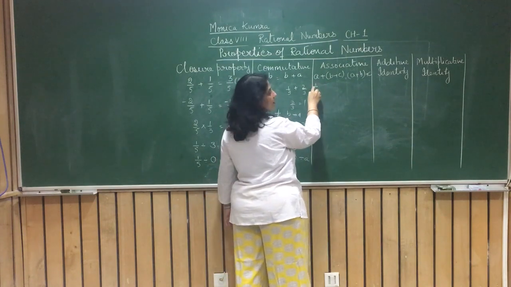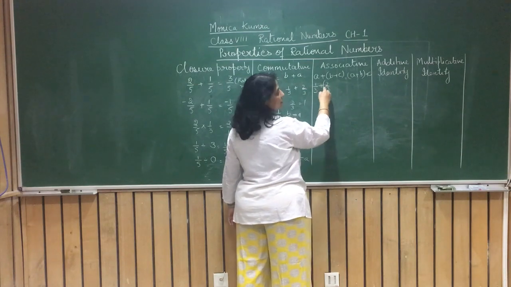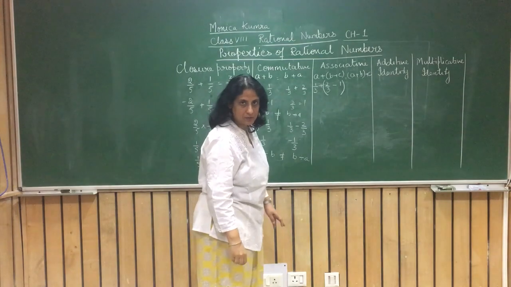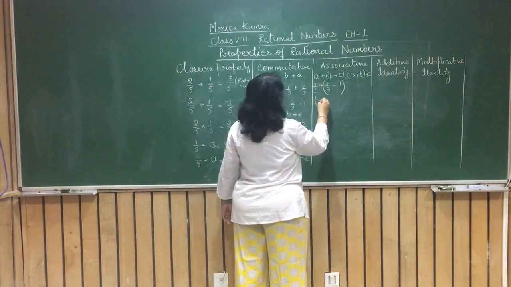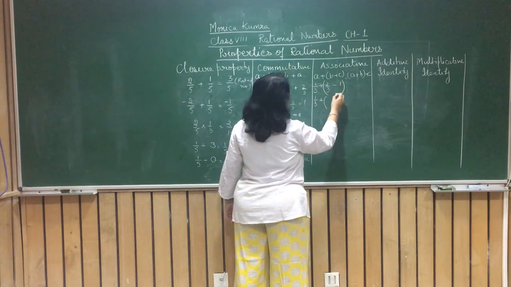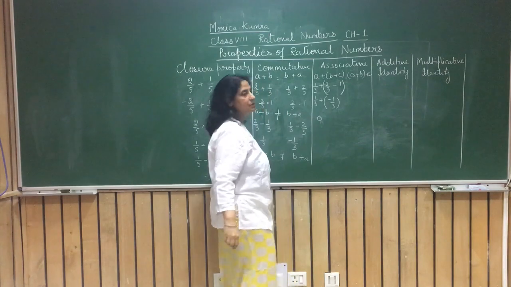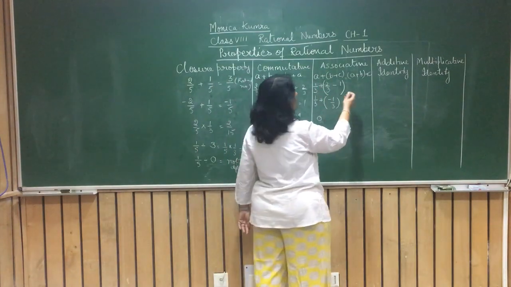Suppose A is 1 by 3, B is 2 by 3 and C is minus 1. I'm taking C as minus 1. So if I add 1 by 3 plus 2 by 3, it becomes 3 by 3, and adding minus 1 gives 0. Clear? So A plus B plus C becomes 0.